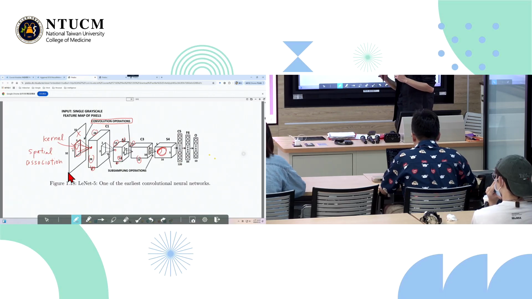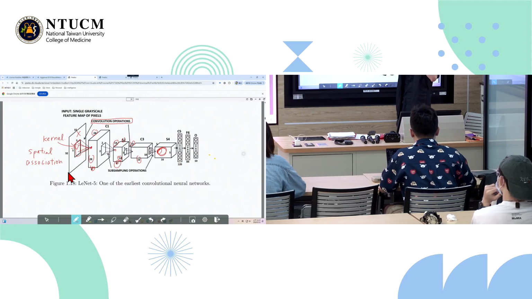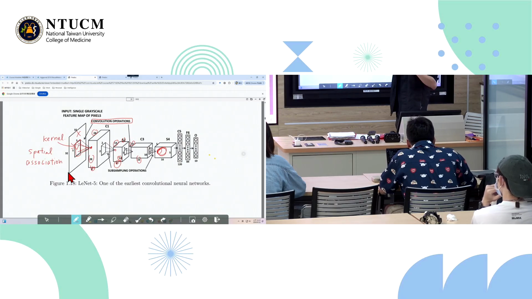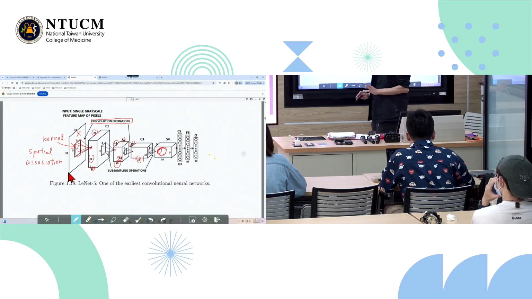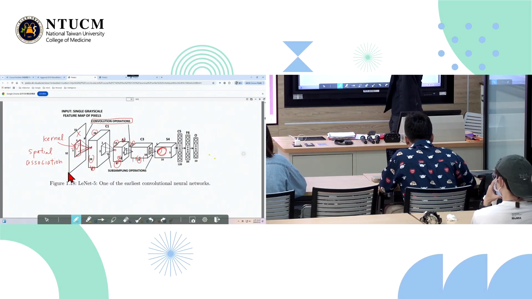It's not just yellow, blue, red, green; it is different hues of colors, which is a deeper concept. Even higher, it is not just about those different hues; they may have some emotional meaning or something more abstract. As you go deeper and deeper, you have more and more different filters or channels that take in more and more information from a bigger and bigger receptive field. So that's how the CNN works.